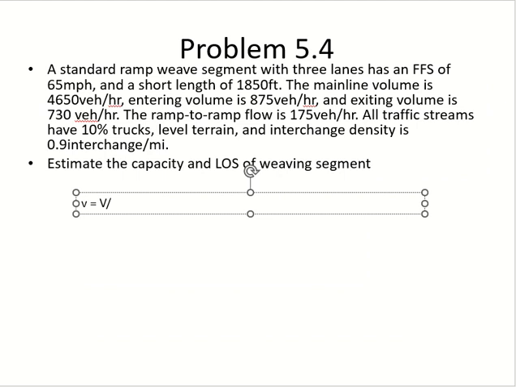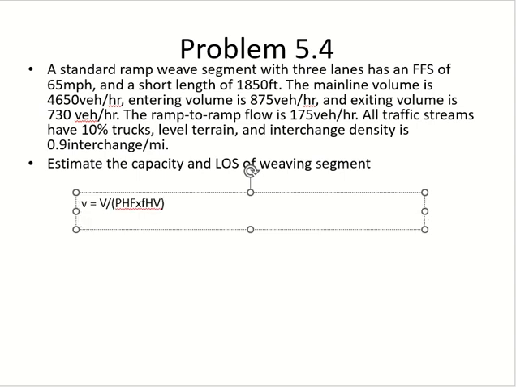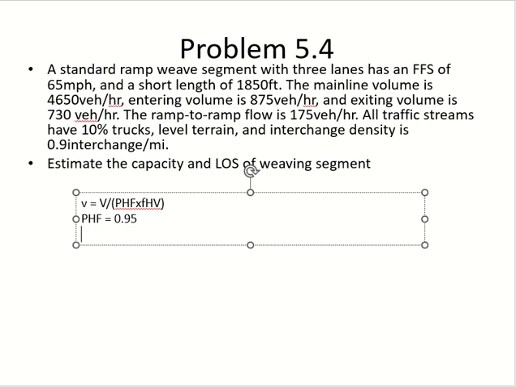Okay, so volume divided by peak hour factor and what else? FHV. Peak hour factor not given, right? So obviously we cannot calculate it. We will assume something. Let's assume 0.95. We are assuming it should be given. FHV.